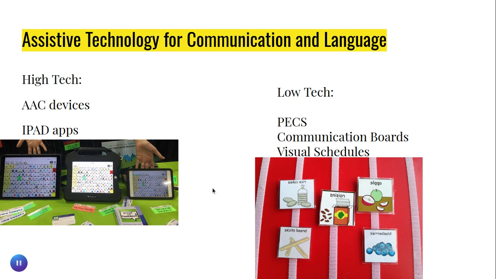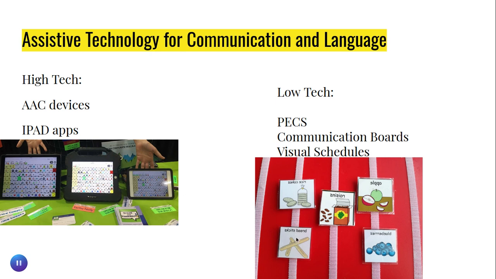Some low-tech ways, we can talk about PECs and communication boards and visual schedules. This is a picture of a communication board using some PECs. Basically, you print out these pictures and you laminate them and you have Velcro on the back, and the student gets to build sentences using these pictures.